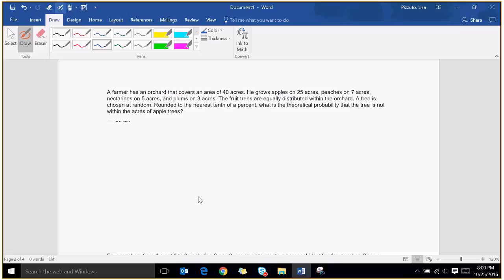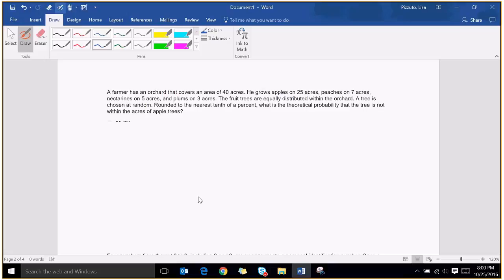It says it grows apples on 25 acres, peaches on 7 acres, nectarines on 5 acres, and plums on 3 acres. So I just want to check, let's see, that's 8, 15. So that totals your 40 acres, correct? 25 plus 7 plus 5 plus 3. Yes. Okay. So it says the fruit trees are equally distributed within the orchard.